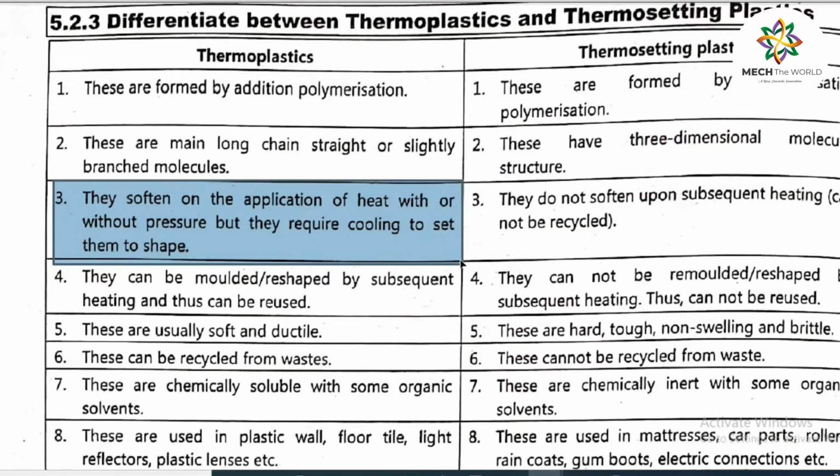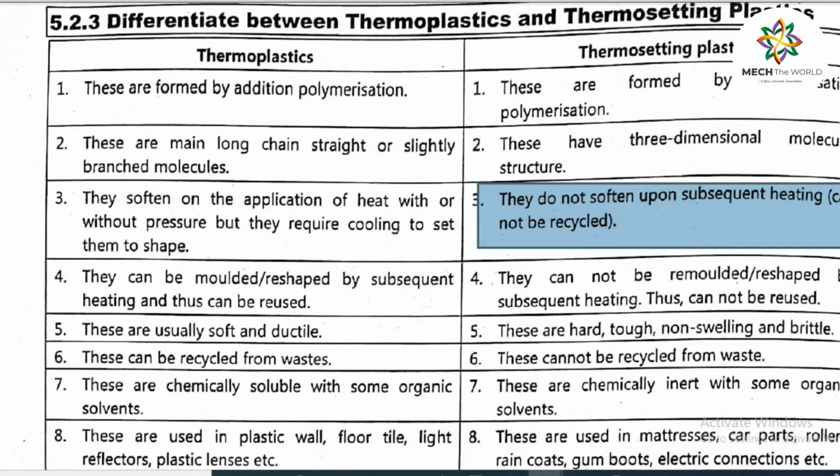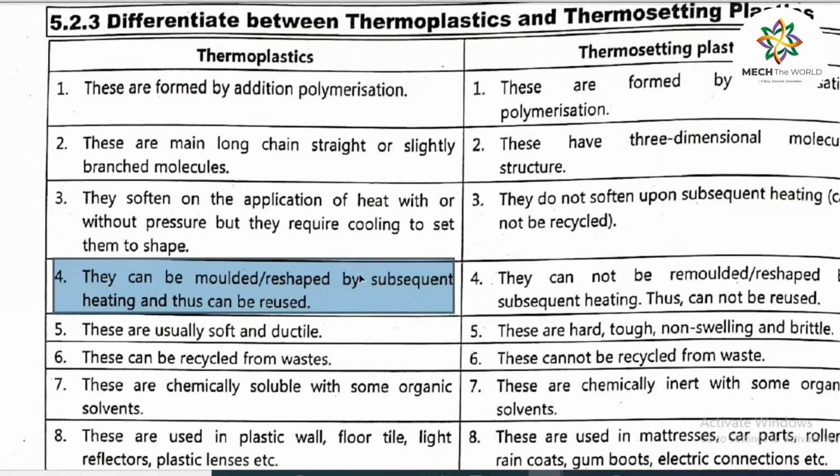Thermoplastics are softened on application of heat with or without pressure, but they require cooling to set them to shape, whereas thermosetting plastics do not soften upon subsequent heating and cannot be recycled. Thermoplastics can be molded and reshaped by subsequent heating and thus can be reused.